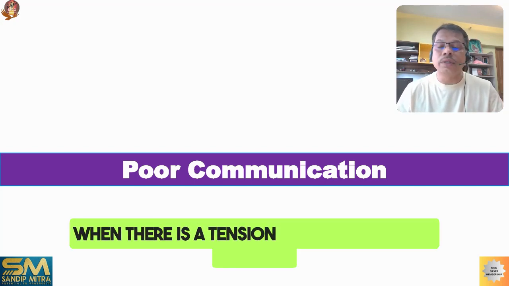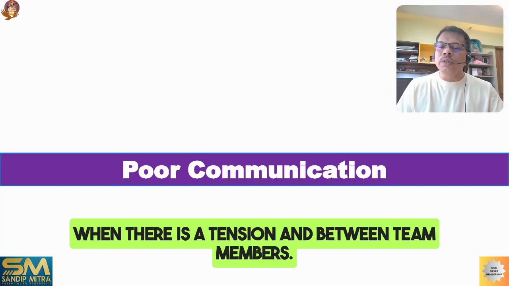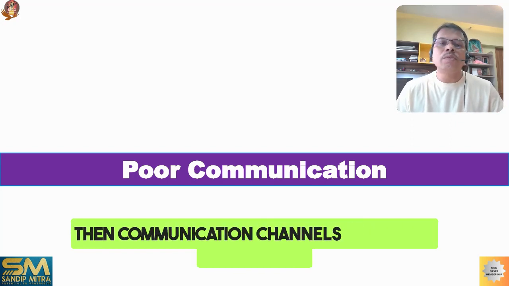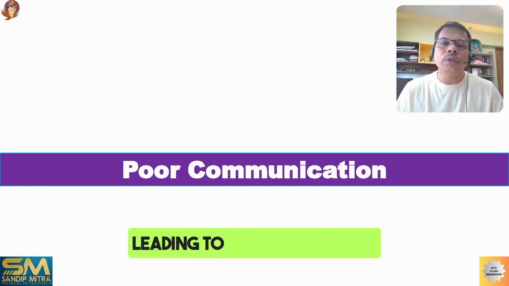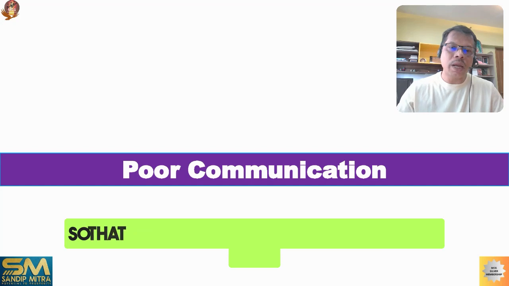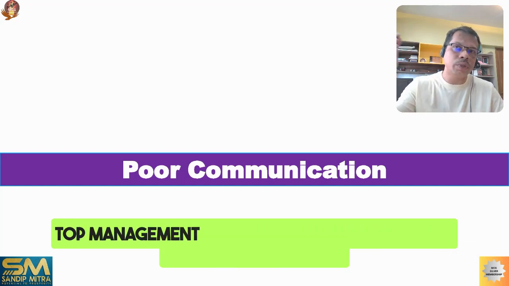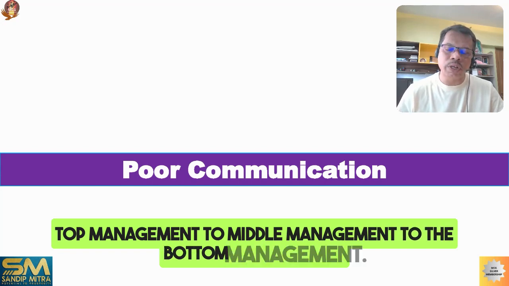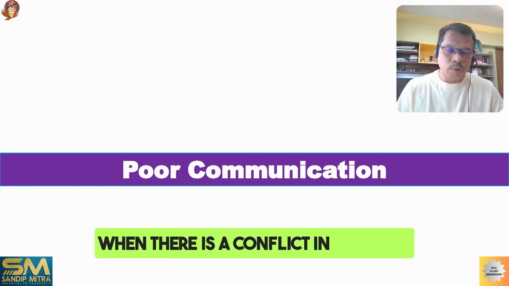When there is tension between team members, communication channels may break down, leading to an information gap. So information will not pass from your top management to middle management to the bottom management properly when there is a conflict in between.